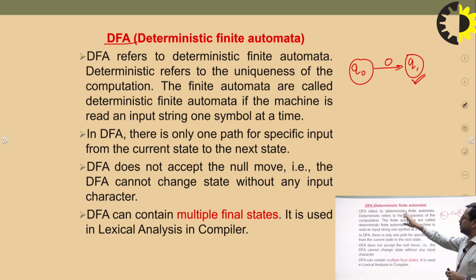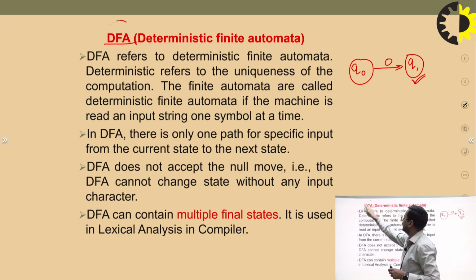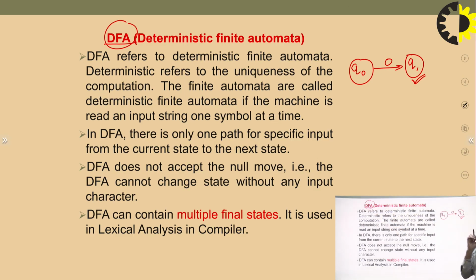In the deterministic finite automata, in short DFA, we are sure that after applying the inputs to a proper state, we find the exact next state. DFA refers to the deterministic finite automata, and deterministic refers to the uniqueness of the computation that I already discussed. The finite automata are called deterministic finite automata if the machine reads an input string one symbol at a time.